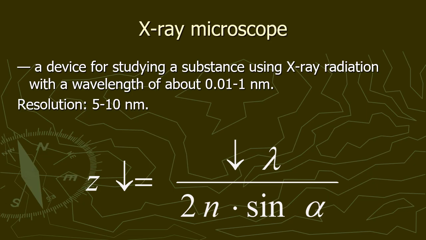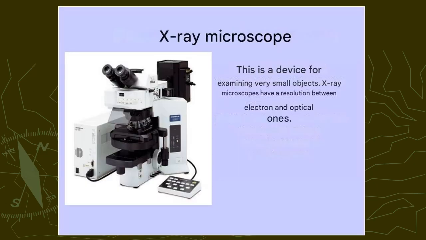As for the reflective one, it is characterized by the maximum resolution of X-ray microscopes. In the case of projection, here you can look at the view of such an X-ray microscope. As for the projection microscope, images are obtained here due to the fact that we have a different degree of absorption of X-rays by different atoms.